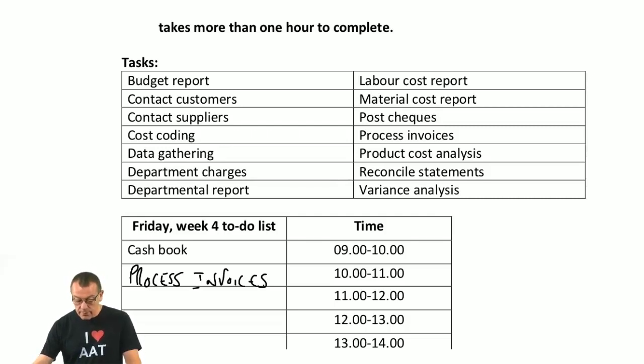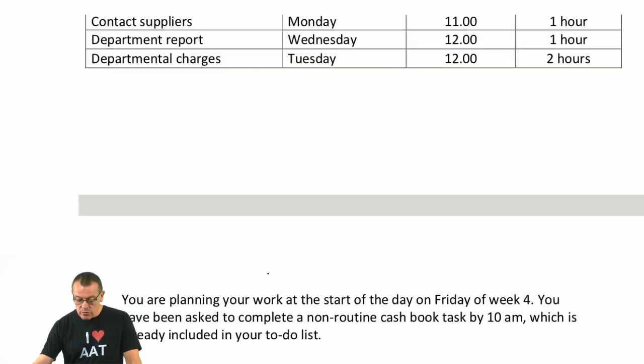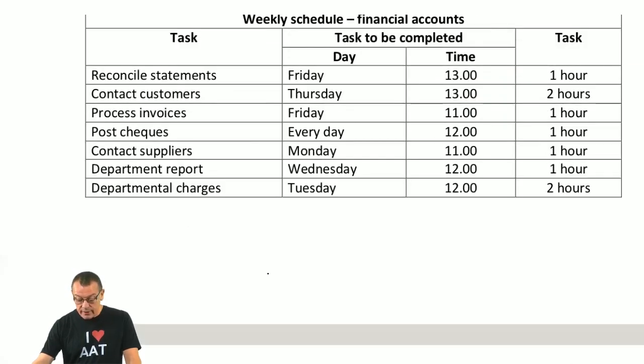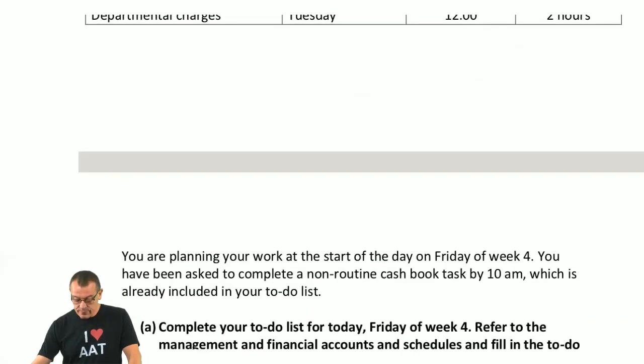So let's go back up. Is there anything that needs to be done by 12 o'clock? So let's go back up to our list on a Friday. So there's something by 1 o'clock, invoices by 11 o'clock, I beg your pardon. Now there's something in there every day, and that is posting checks. So that needs to be attempted or completed every day. And for that, you have 1 hour.